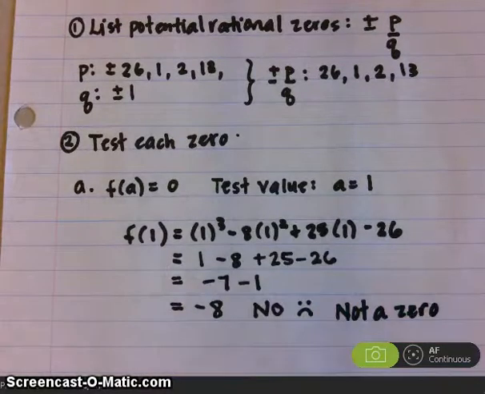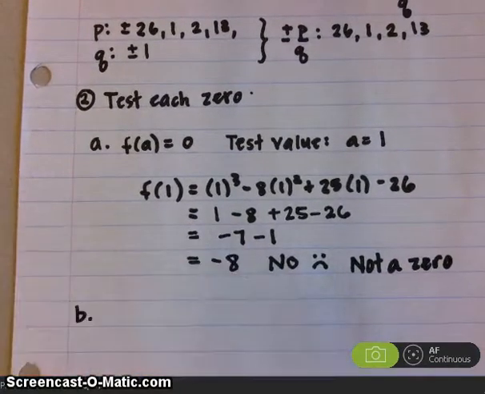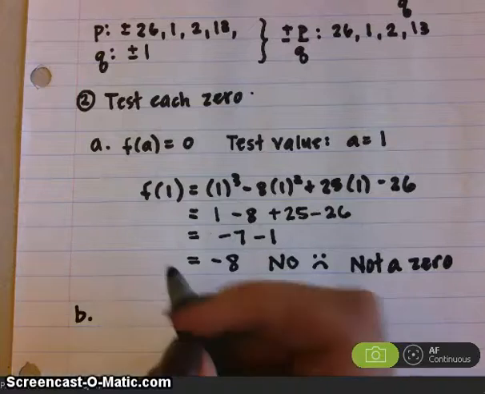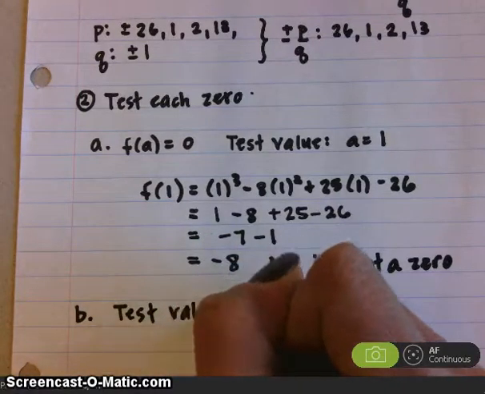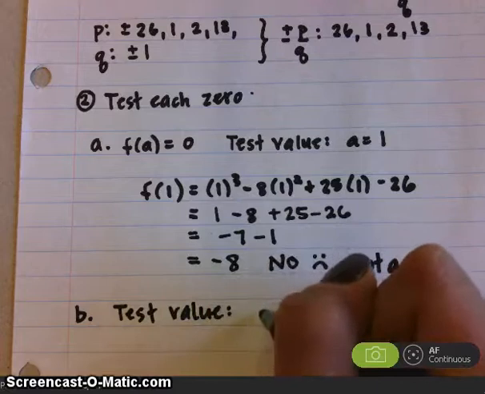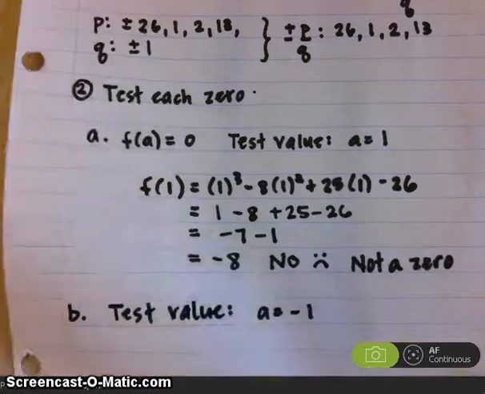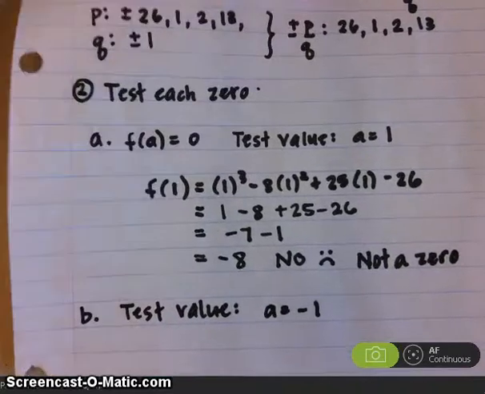Okay, so I would continue to do that until I've tested all 8 potential zeros. However, there are other methods to test as well, so here is another one. Let's say this time I want to test negative 1. One of the other ways to test is to actually divide.